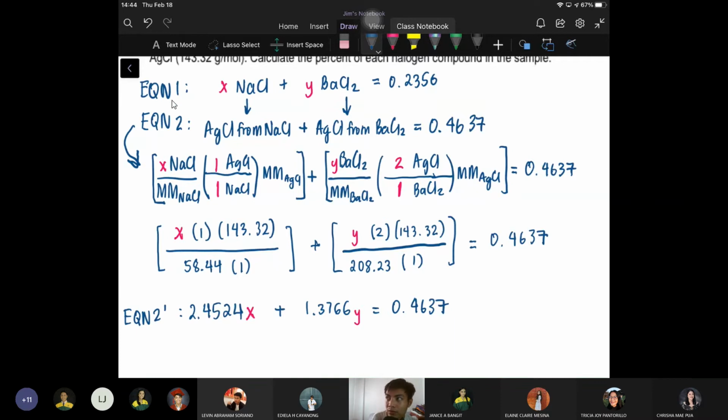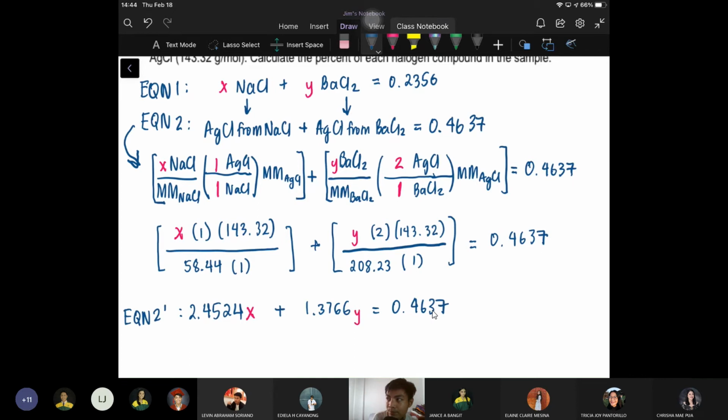Okay, so we have now 3 equations. No? Equation 1, ito yung original. Equation 2, it tells us na ito mako-convert into AgCl. Ito mako-convert into AgCl. Pag pinag-add mo yung dalawang mass ng AgCl, equal yan dito. Equation 2 prime tells us yung relationship ng x and y sa AgCl mass.